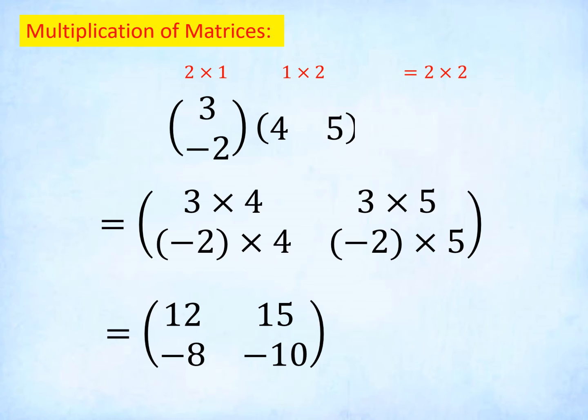In doing this, we are going to have 3 times 4, then 3 times 5, negative 2 times 4, negative 2 times 5. So the product is 3 times 4 is 12, 3 times 5 is 15, negative 2 times 4 is negative 8, and negative 2 times 5 is negative 10. So we really have a 2 by 2 matrix.